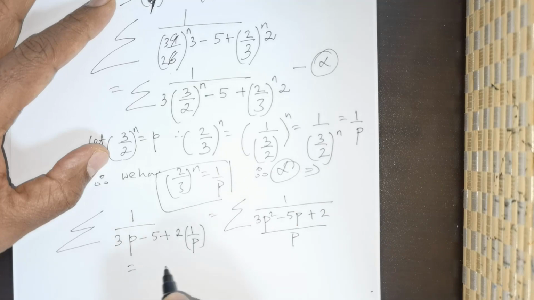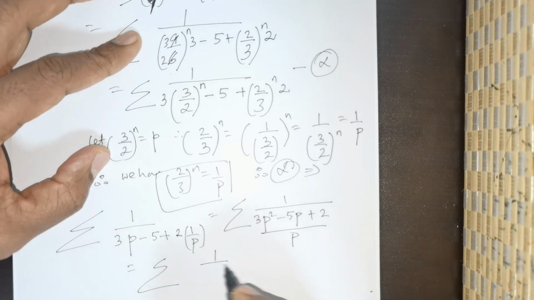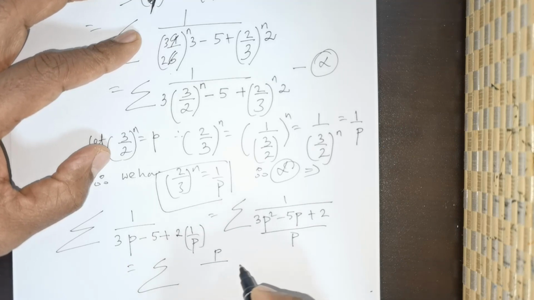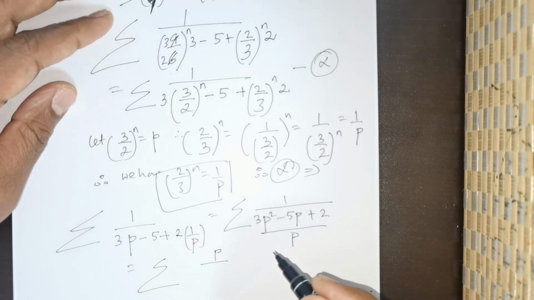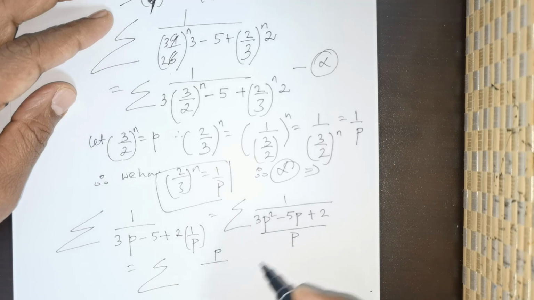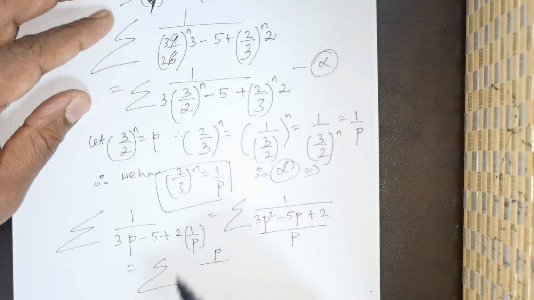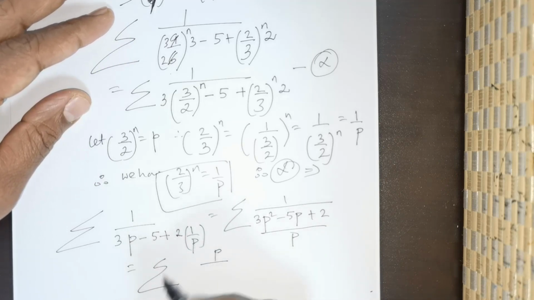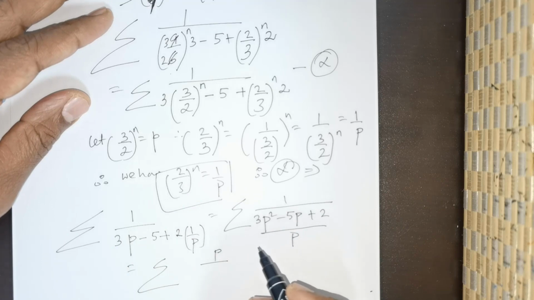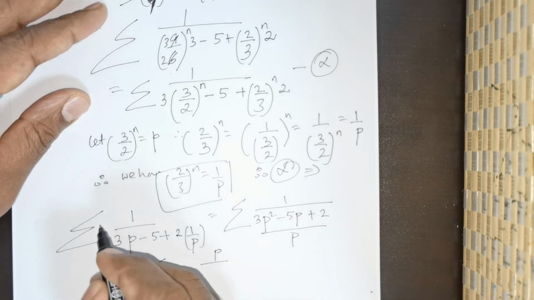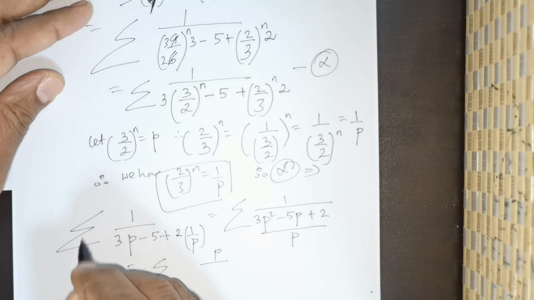You flip the p, you get sigma p over, in fact, okay, let me continue. I don't have to place the sigma here. I would just get rid of the sigma. I don't want to place the sigma as of now.